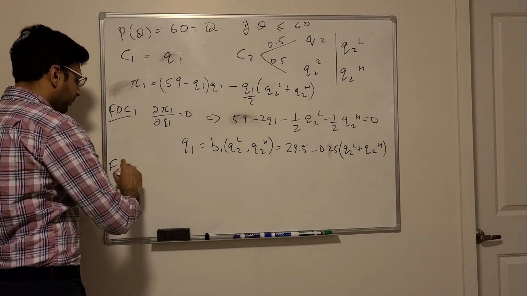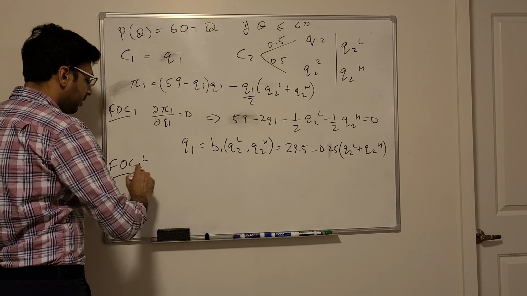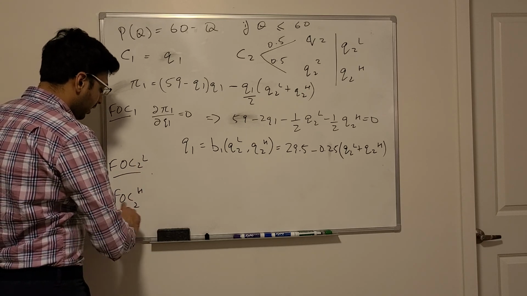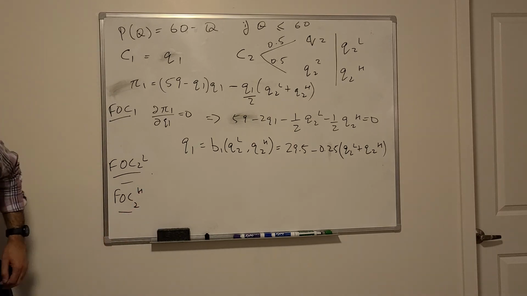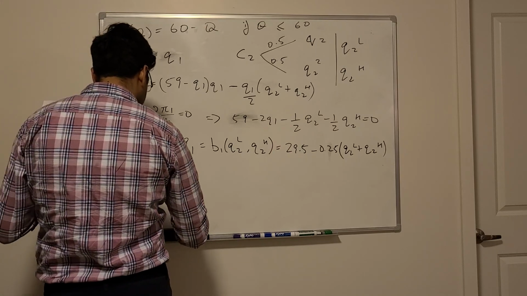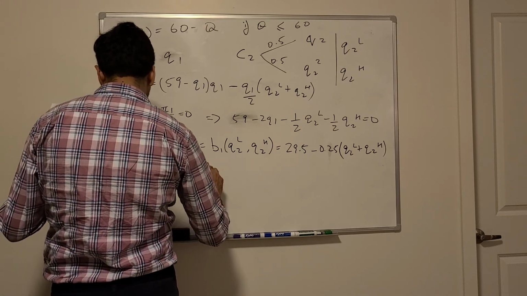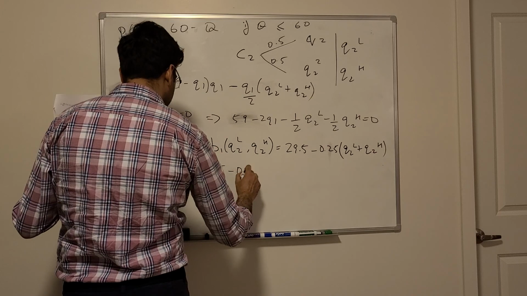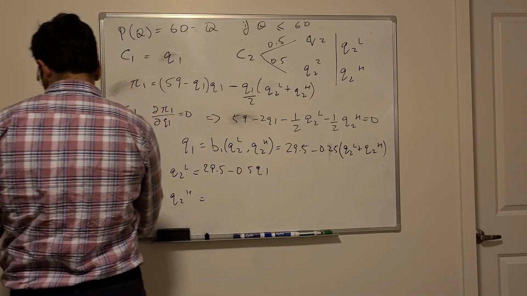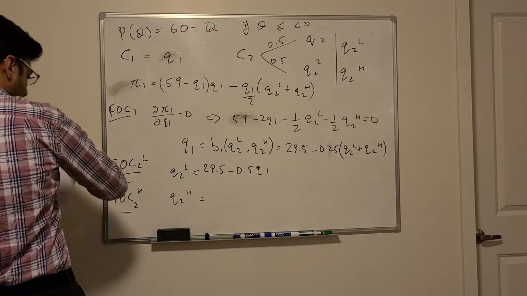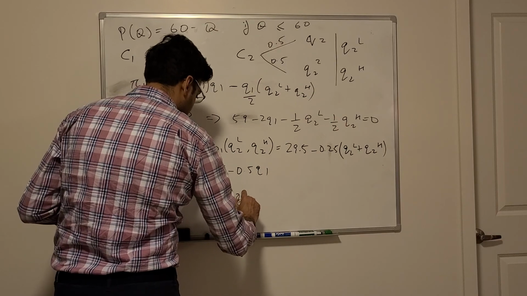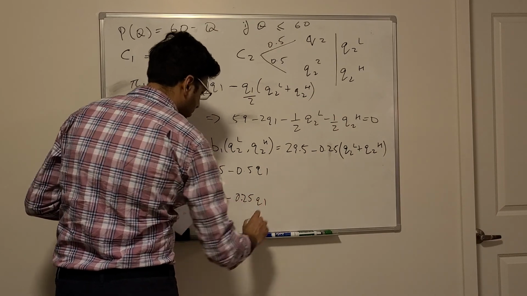We get the first order condition for firm 2 type L and the first order condition for firm 2 type H. Those will look simpler because Q2L equals 29.5 minus 0.5 Q1 and Q2H equals 15 minus 0.25 Q1.